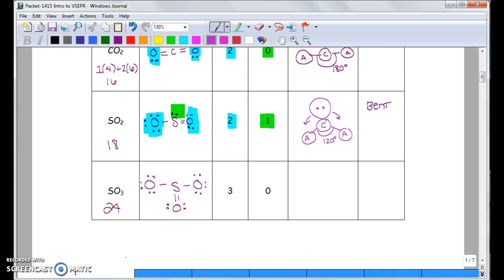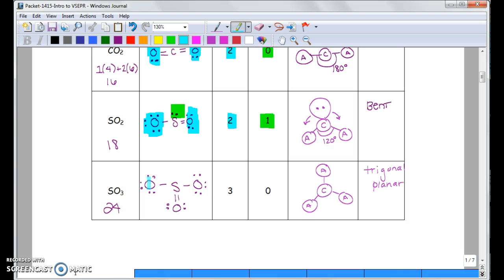Then you could take a look at SO3, which is going to be something called trigonal planar. What that's going to look like is you're going to have your central atom in the middle, and each of the bonded atoms is going to be as far away as it can get from the other bonded atoms inside the molecule.